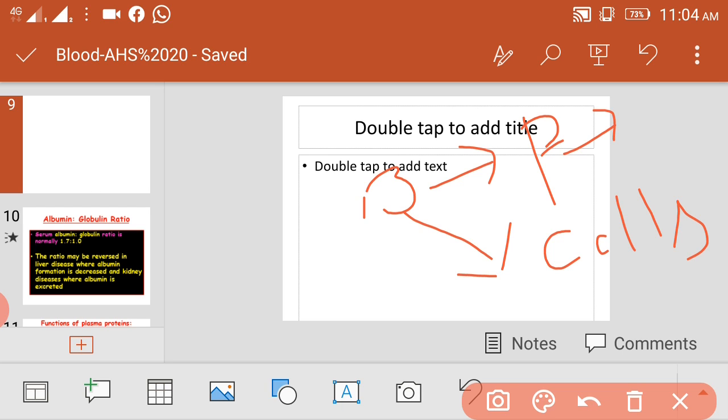Coming to the blood cells, there are three types: erythrocytes or RBC cells, WBC cells or white blood cells or leukocytes, and thrombocytes or platelets. Understood? You have to study the function of plasma proteins and the functions of each cell.